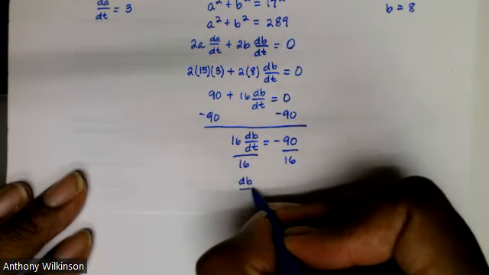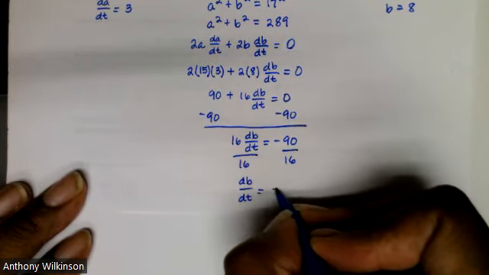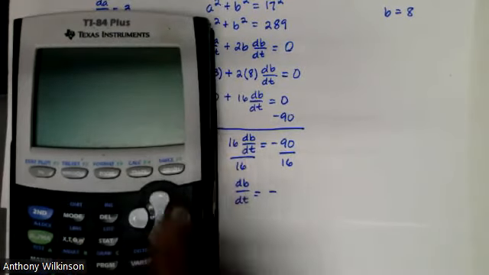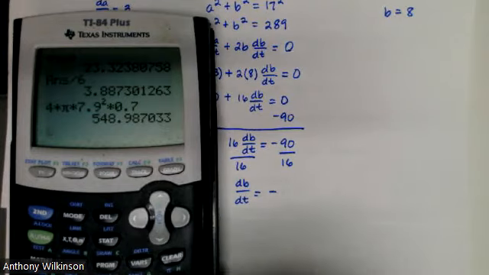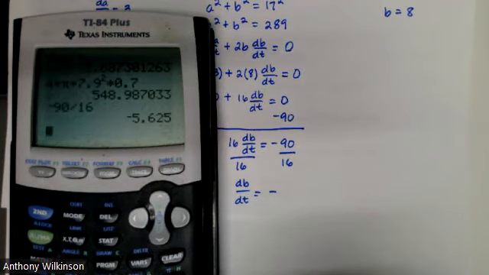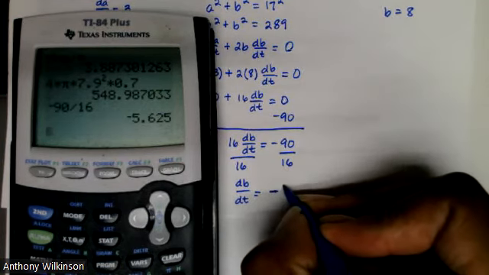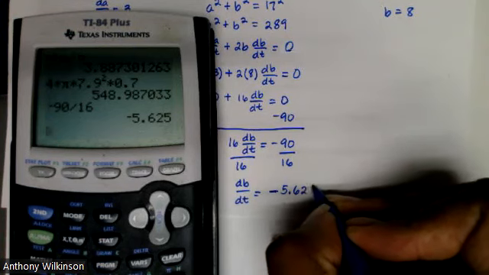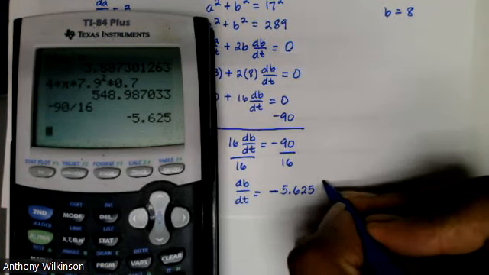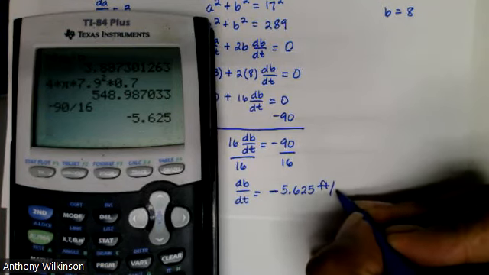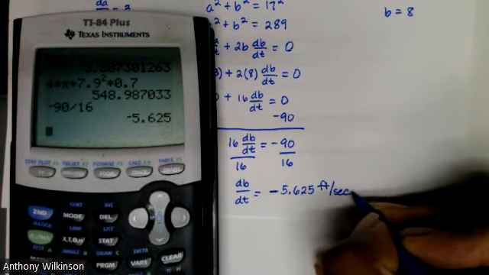So dB/dt, we know that's going to be negative, and that is to be expected because the ladder will be sliding down the wall. So negative 90 divided by 16 would be negative 5.625. And this is in feet per second.